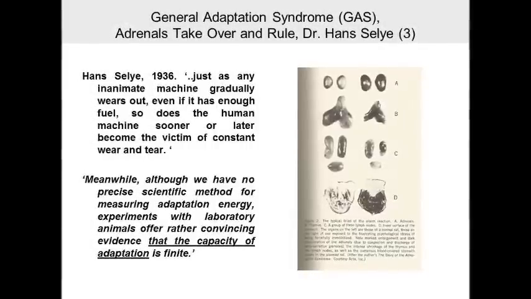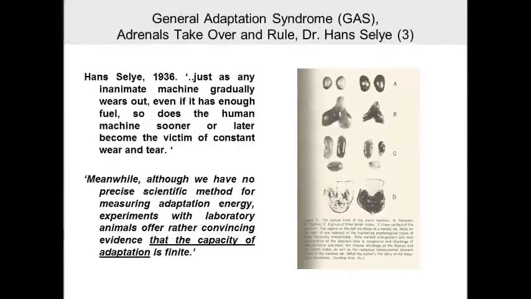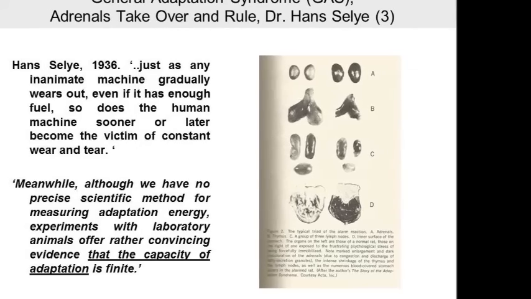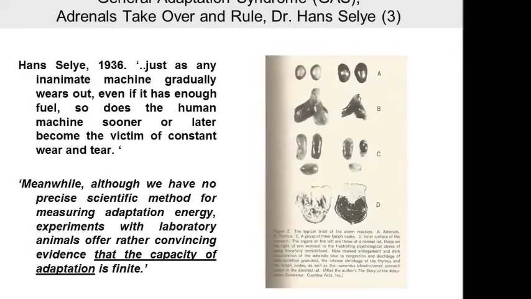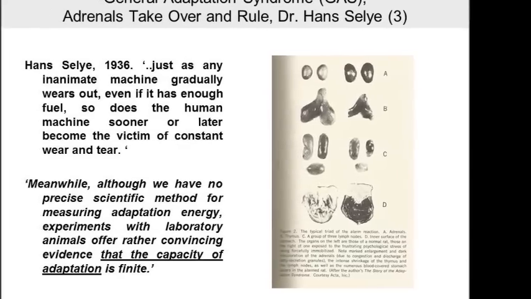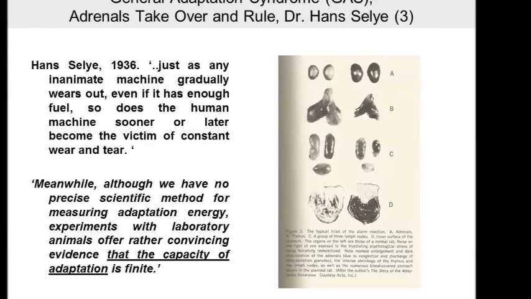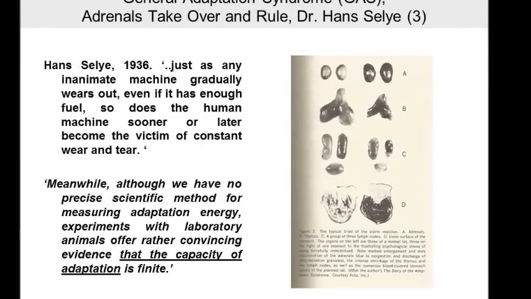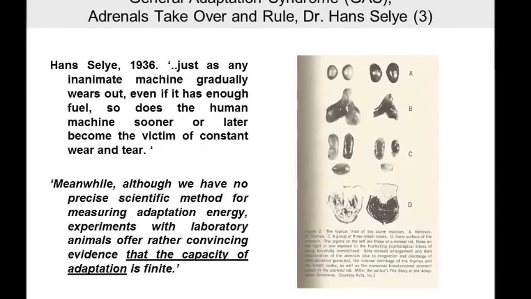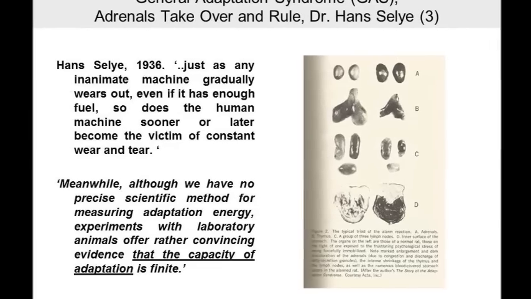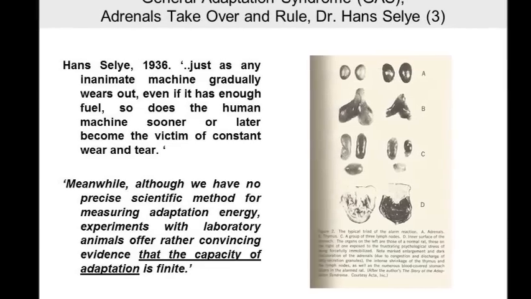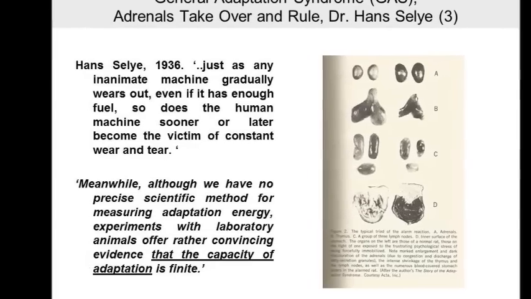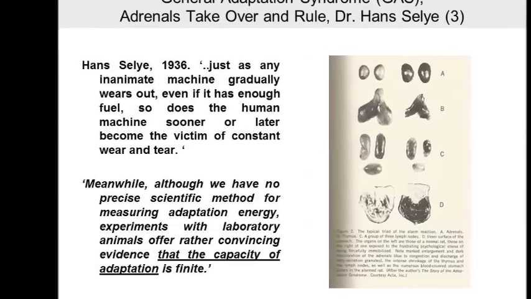So these are from a healthy rat, and these are from rats that were exposed to absolutely different stresses: heat, cold, malnutrition, immobilization when they were unable to move, different poisons, infection, different stresses.